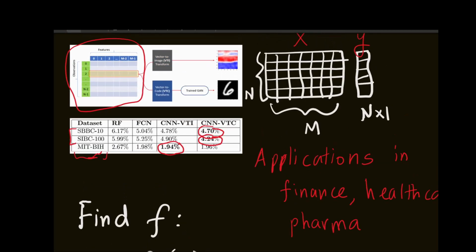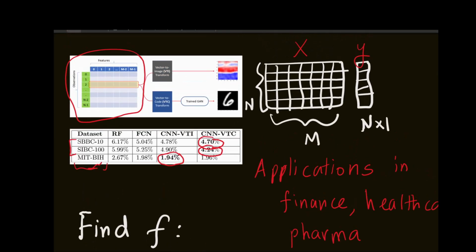So what I'm trying to say is, when you convert it into an image, we do much better in terms of classification error. And in order to do that, we're going to look at two different transforms. The first is a vector to image transform, which takes every single observation vector in our dataset and converts it directly to an image that looks like this.